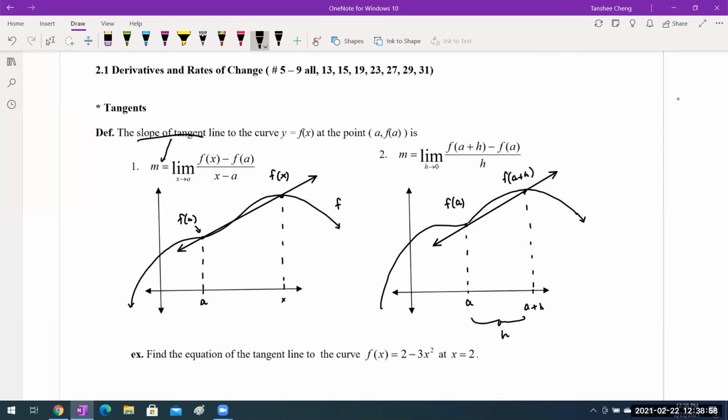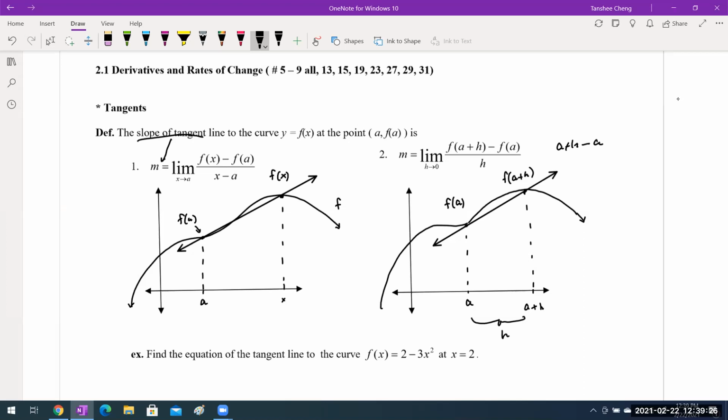Using those two points to draw a line, that will become the secant line. So the slope formula for the secant line becomes f of A plus h minus f of A all over, technically, A plus h minus A. But minus A and plus A cancel out and you will only get h. So that's where this h is coming from.